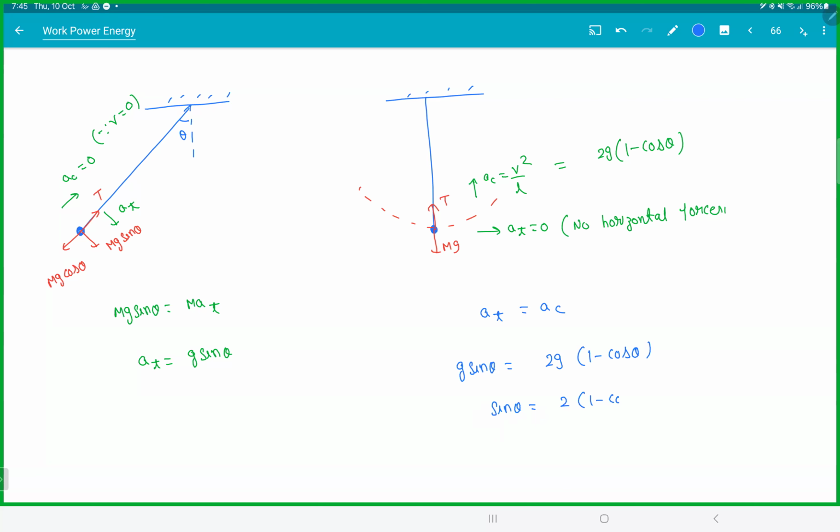Sin theta can be written as 2 sin theta by 2 cos theta by 2, and 1 minus cos theta can be written as 2 sin square theta by 2. Sin theta by 2 will cancel. Then you end up with tan theta by 2 is equal to half. Therefore, theta will be 2 times tan inverse half.